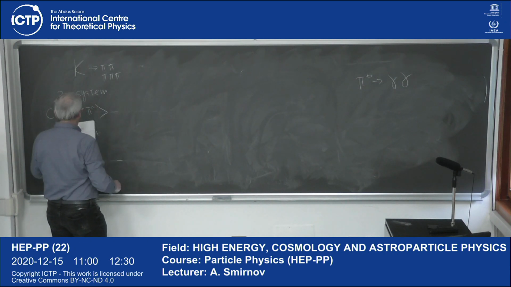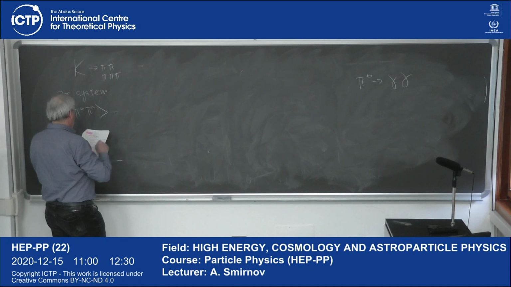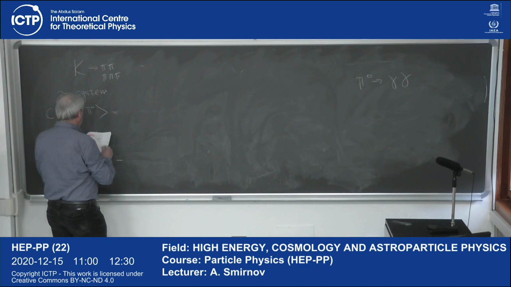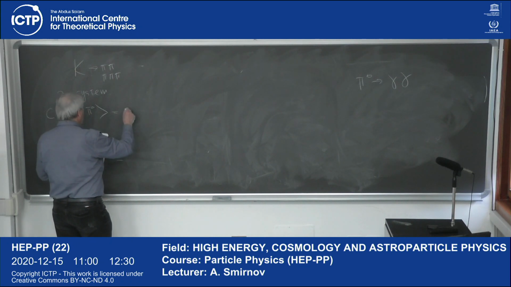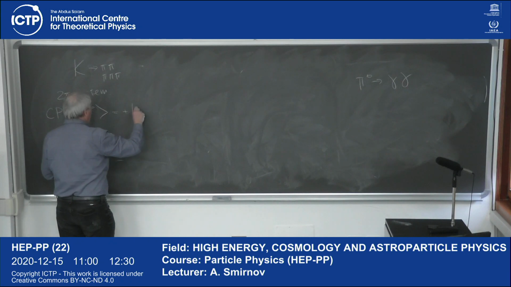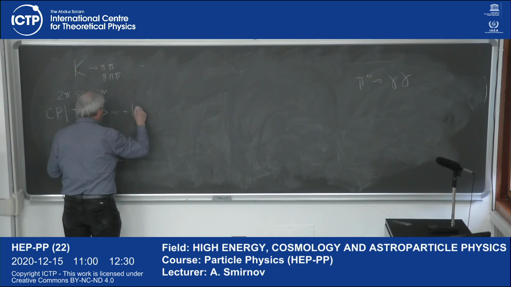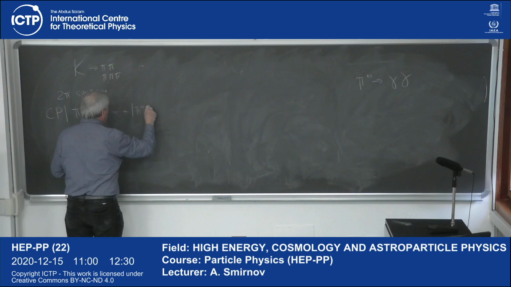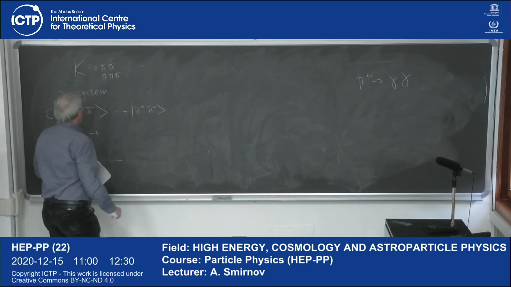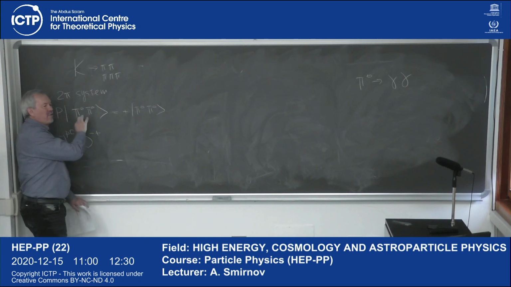Therefore, these CP transformations give us just plus pi 0, pi 0. Because we have just the square of everything, right?